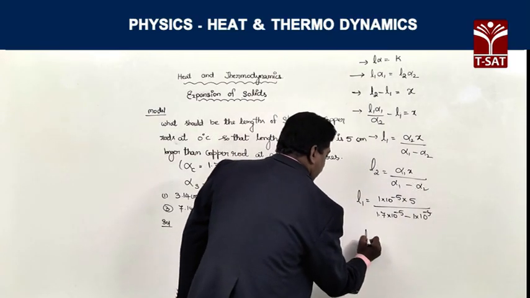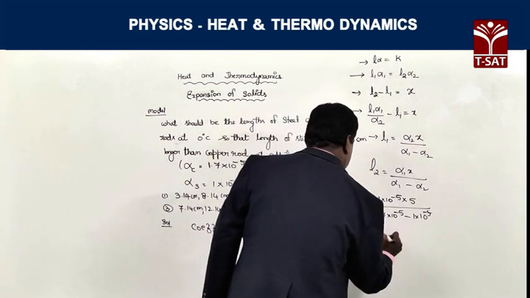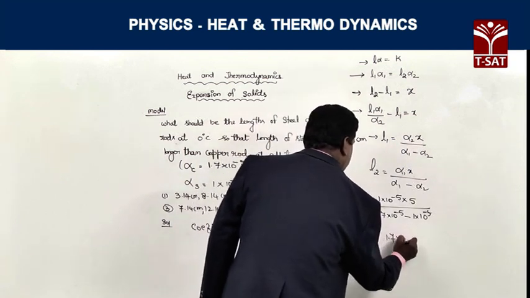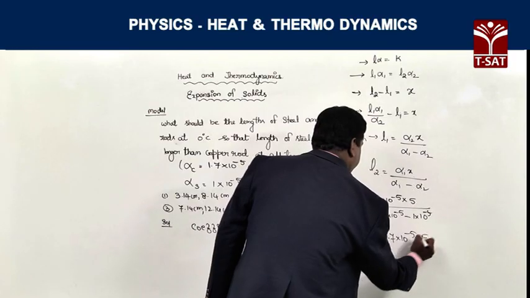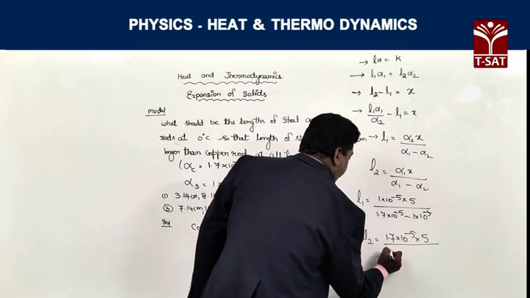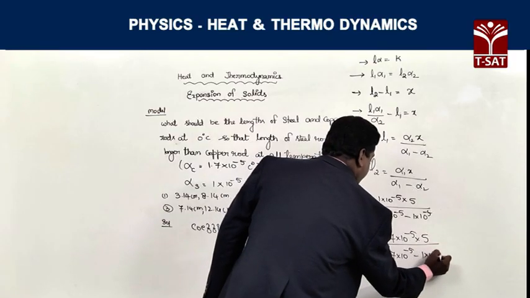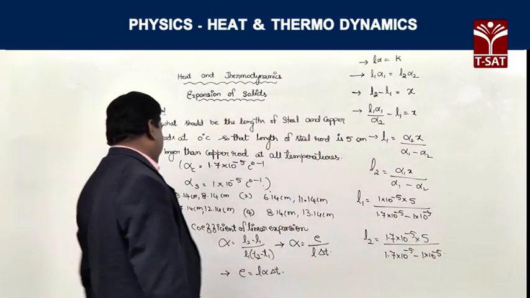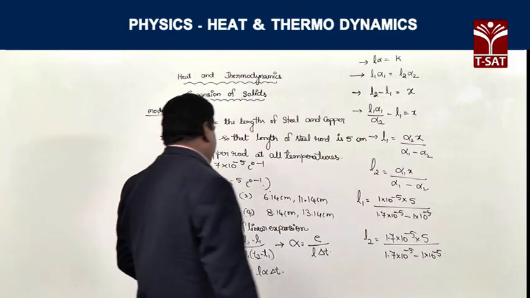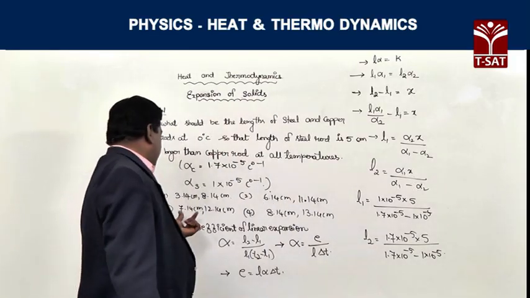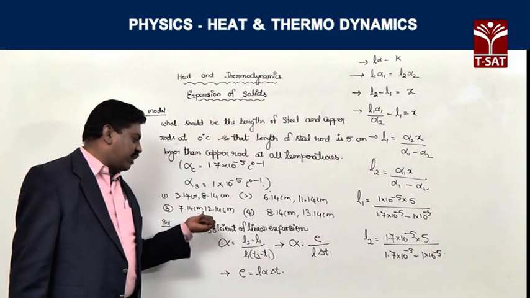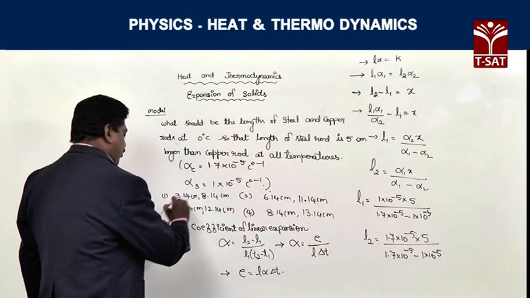Similarly, L2 is 1.7 × 10^-5 into 5 divided by 1.7 × 10^-5 minus 1 × 10^-5. On simplifying both of them, we have the values as 7.14 centimeters and 12.14 centimeters.